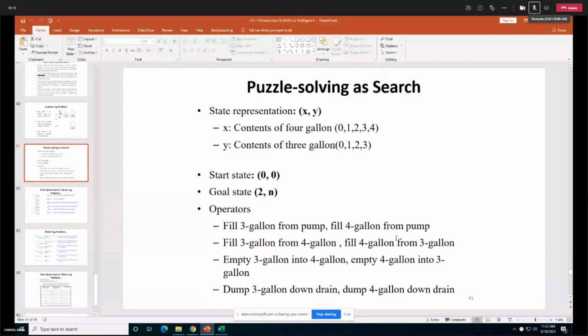We are not concerned with what amount of water is present in the 3-gallon jug, whether it is 0, 1, 2 or 3. So n can be 0, 1, 2 and 3.